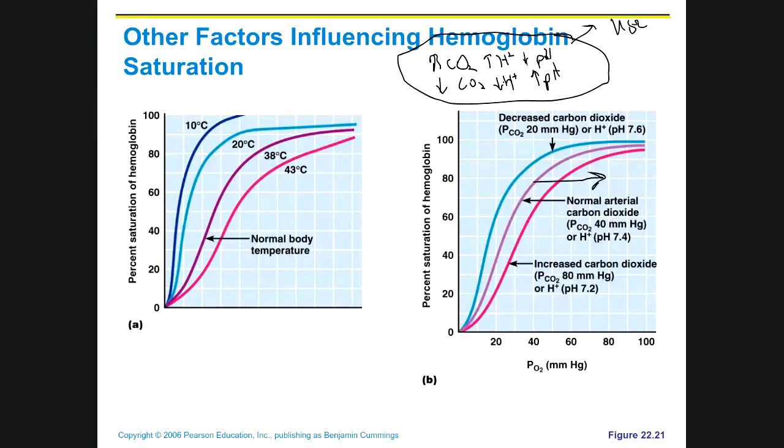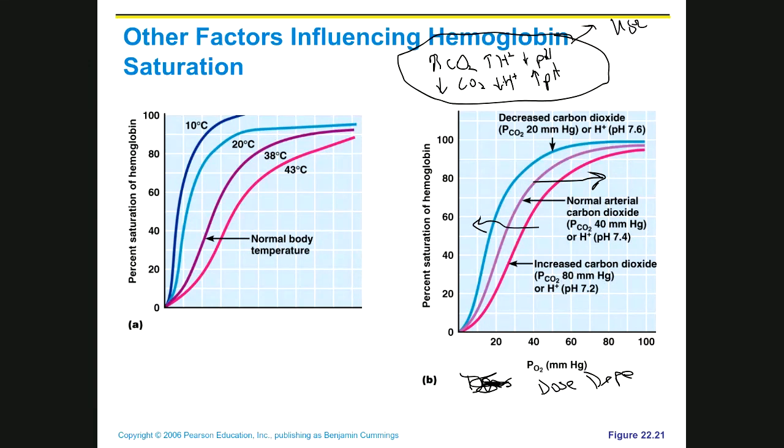If I decrease carbon dioxide, decrease hydrogen ions, or increase pH, the curve shifts to the left. And again, it's dose dependent. The more carbon dioxide we have, the more it's going to shift. With less carbon dioxide and fewer hydrogen ions, it's not going to shift as much.